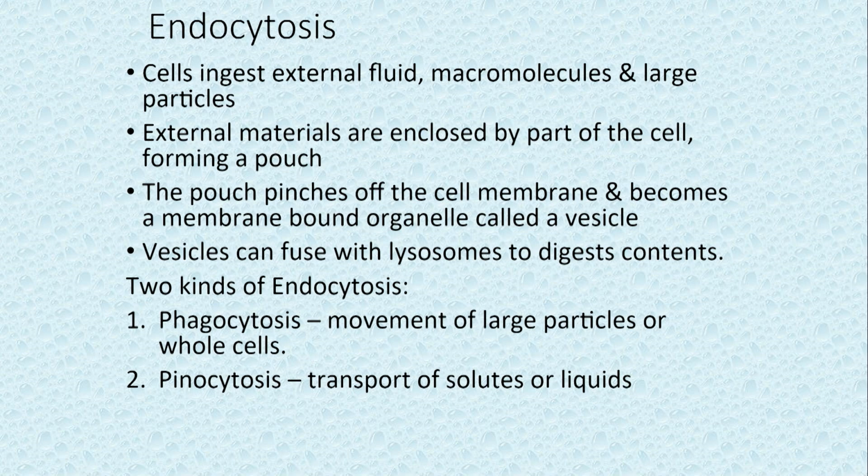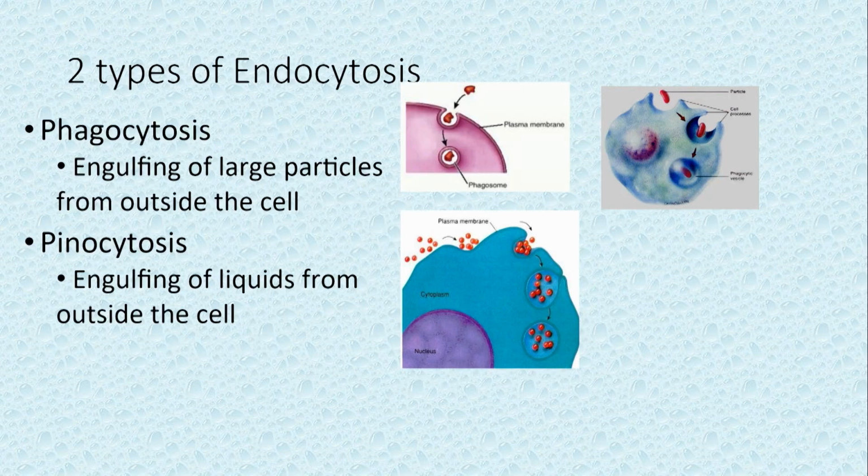Compare that to the other type of endocytosis called pinocytosis. Pinocytosis is how we move liquids into the cell. So again, there's two types, phago and pino, and it just depends on what type of material you're bringing into the cell. If it's a solid, we call it phagocytosis. If it's a liquid, we call it pinocytosis. Great. So let's look at those in a little bit more detail.